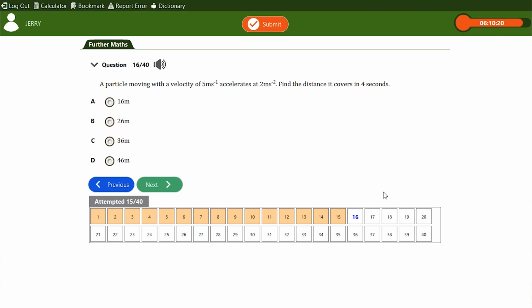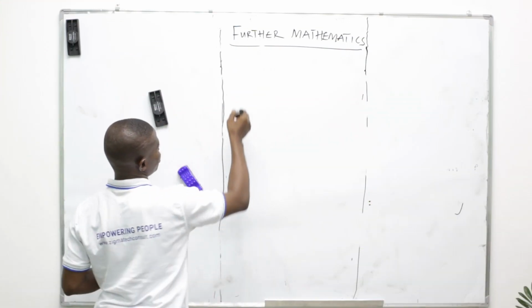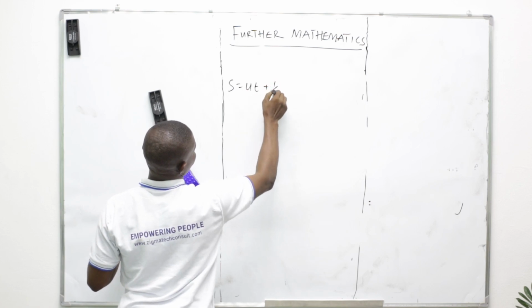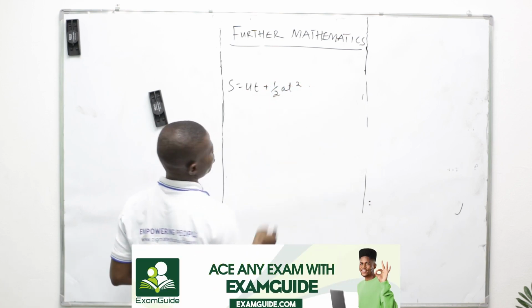A particle moving with a velocity of 5 meters per second accelerates at 2 meters per second squared. Find the distance it covers in 4 seconds, okay? Recall your physics formula now. In further maths and physics, they are almost the same thing. From the equation of motion, distance S equals ut plus 1 over 2 at squared.